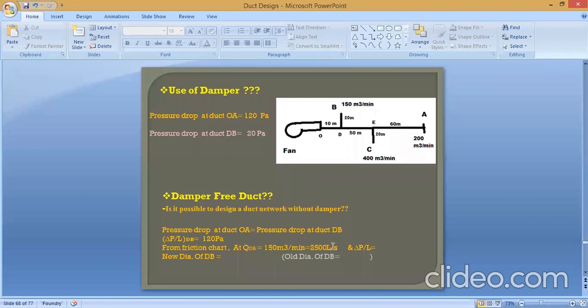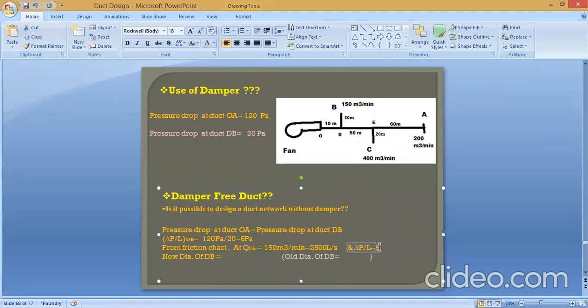To convert that 150 into liters per second, that is 2500 liters per second, and take delta P by L, meaning pressure loss per unit length, divided by the length of this D to B, which is 20, and that comes to be 6 pascal per meter. Now the discharge at D to B is with you, and the resistance that you need to put here, so that you don't need any damper or external thing to restrict the flow of air, is 0.6, clear?